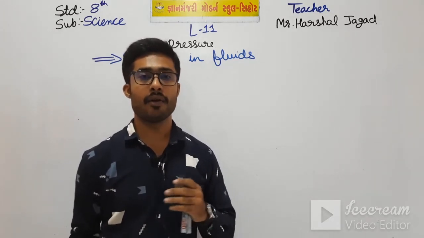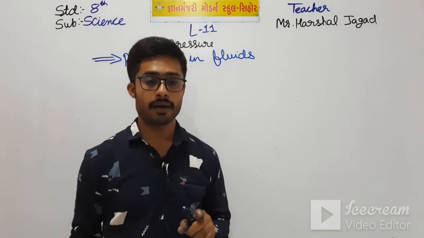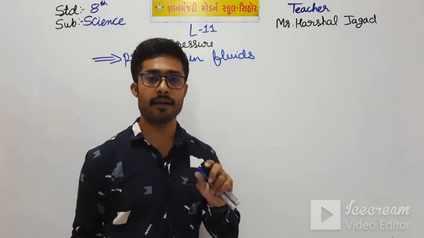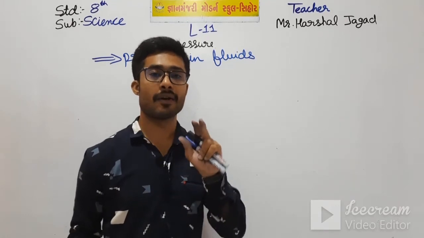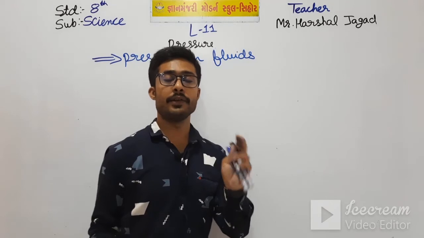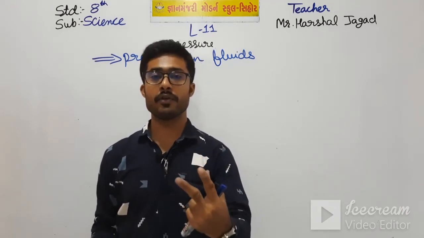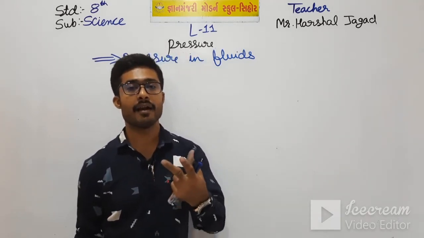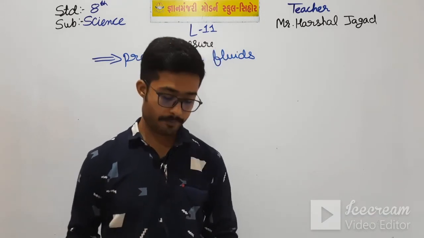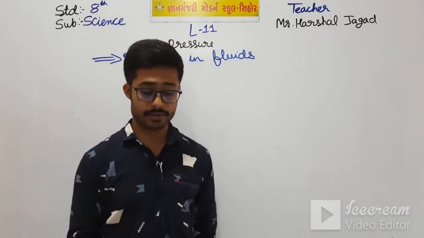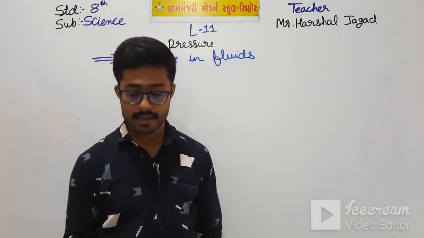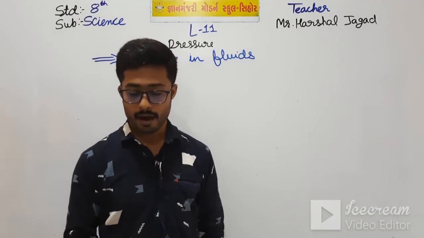But if there is lots of wind and the weather is not good, you can't stand there. Due to the force of air, you will go back and back. Okay students, so this is atmospheric pressure. Atmospheric pressure is defined as the pressure exerted on an object by the weight of the air above it.